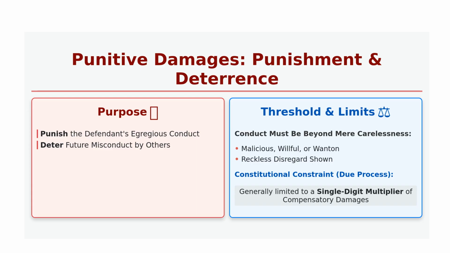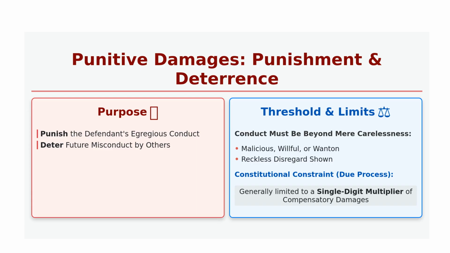Because of this punitive nature, the threshold for awarding them is significantly higher than for mere negligence. The defendant's conduct must rise to the level of being malicious, willful, wanton, or demonstrating a reckless disregard that goes far beyond simple carelessness. Crucially, these awards are subject to constitutional scrutiny under the Due Process Clause.